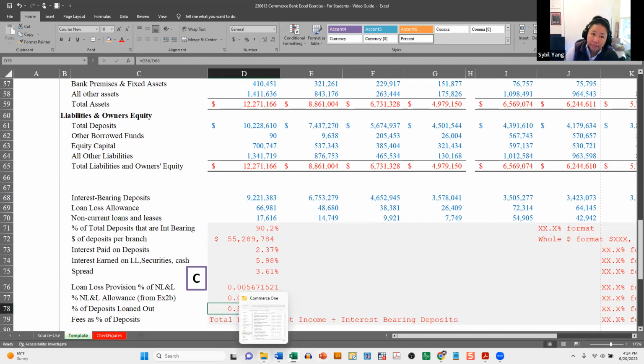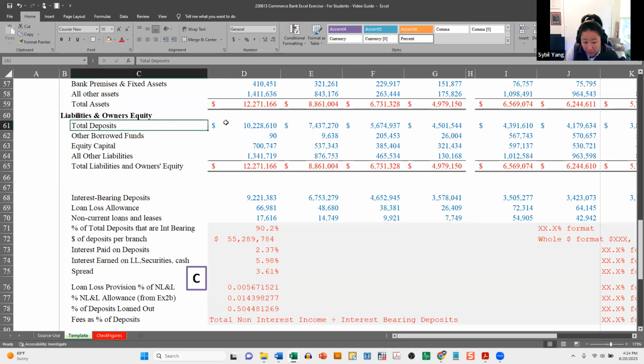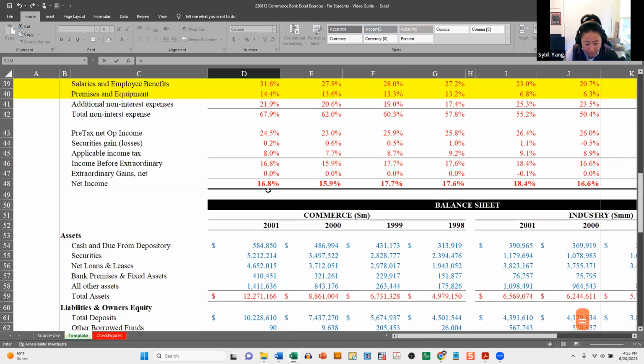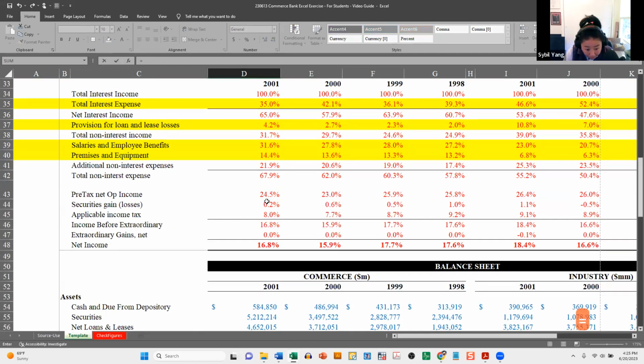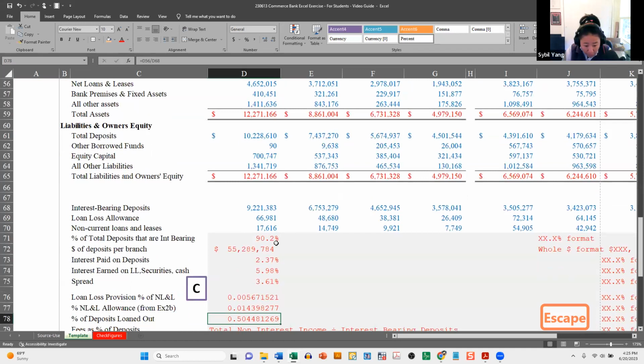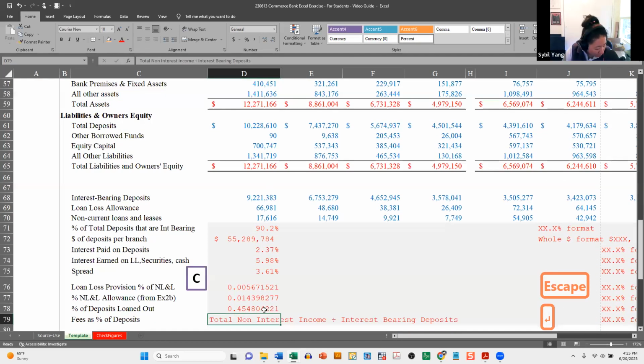And this is more an FSA thing, right? Because you can do this as a percentage of interest-bearing deposits, or if you wanted, as a percentage of total deposits. It's up to you. We're not going to get into those nuances, but I'm okay if you leave it as that. You can also do it with the denominator as the total deposits, right? What percentage of total deposits are you actually lending back out?